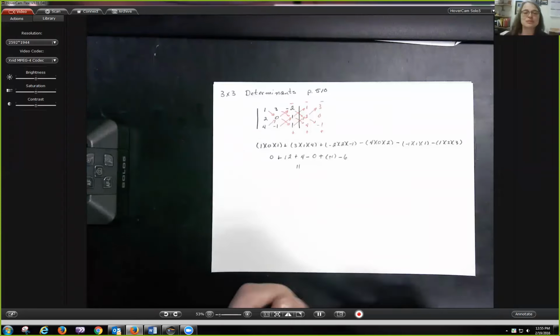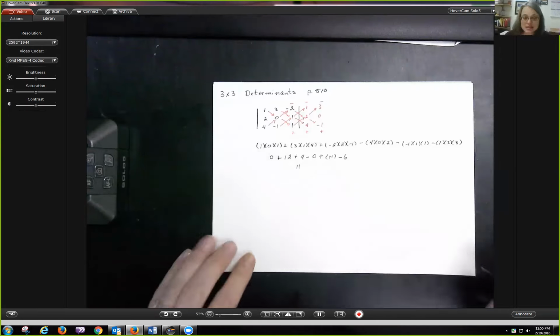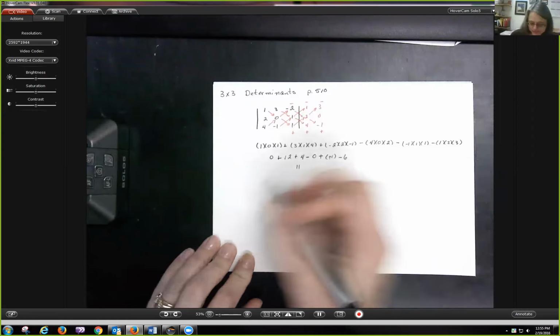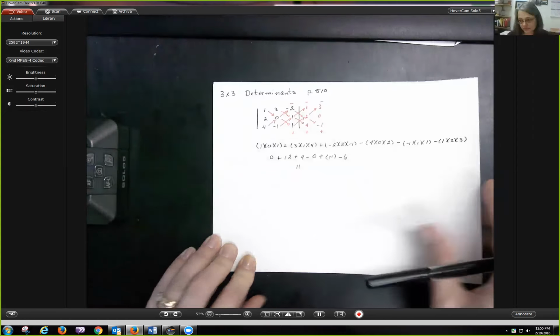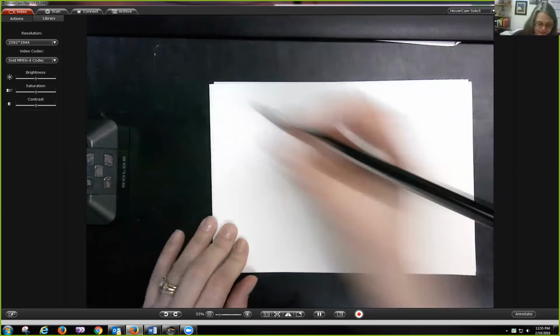I just want you to be able to find them. I have no preference whatsoever how you find determinants. But your book does present a second method that I'm going to talk about, and it's called expansion by minors.